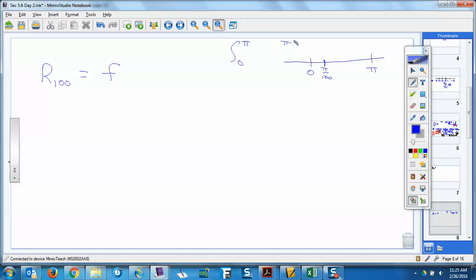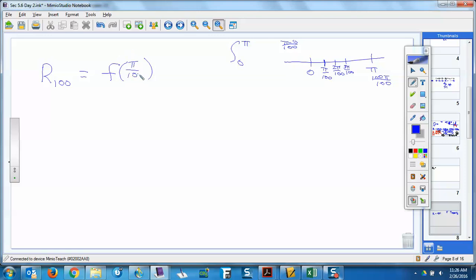Pi minus 0 over 100. And the next one will be 2 pi 100ths. Don't you dare call that pi 50ths. Next one, 3 pi 100ths. What's the last one? 100 pi 100ths. And what's the one right before it? 99 pi 100ths.